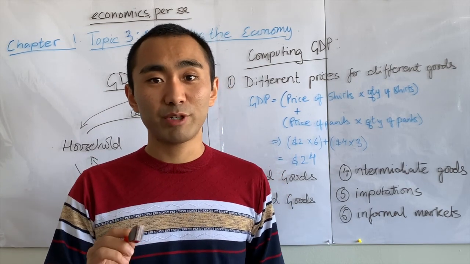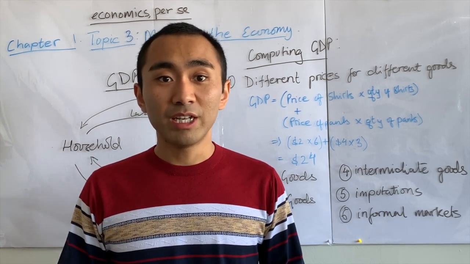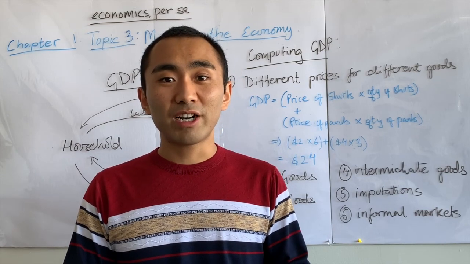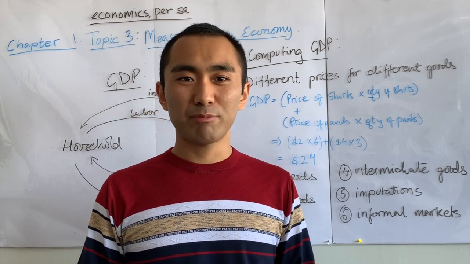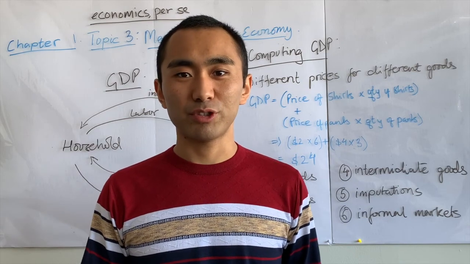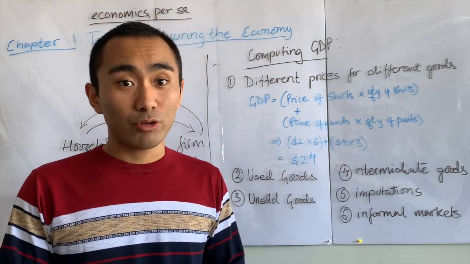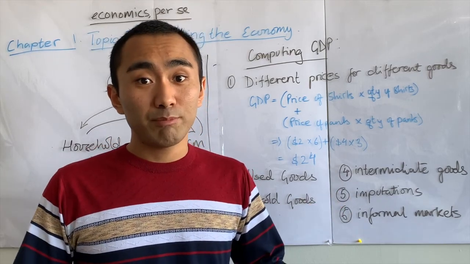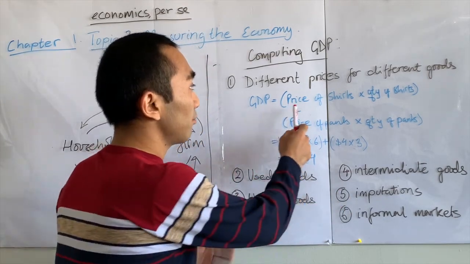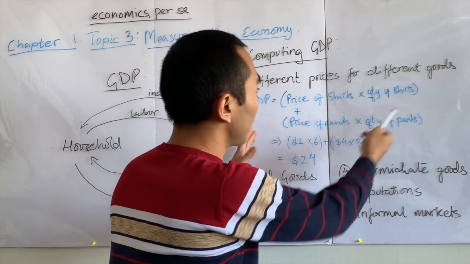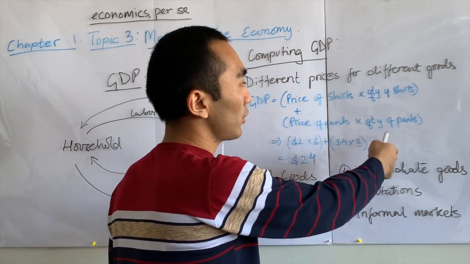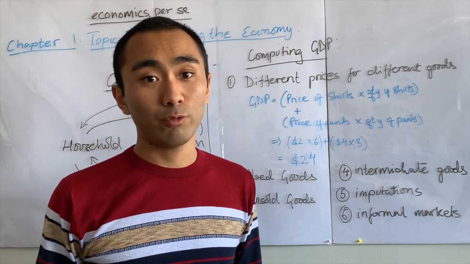To reflect the different prices of different items, national accounts uses market prices to show how much people are willing to spend on certain items. So if shirts cost $2 and pants cost $4, then the GDP would be calculated as the price of shirts times the quantity of shirts plus the price of pants times the quantity of pants, which would give you 24.